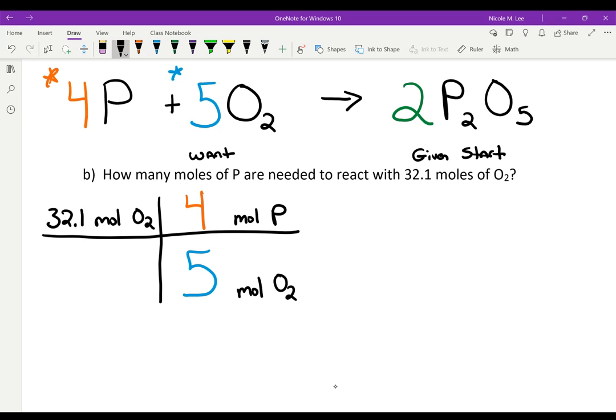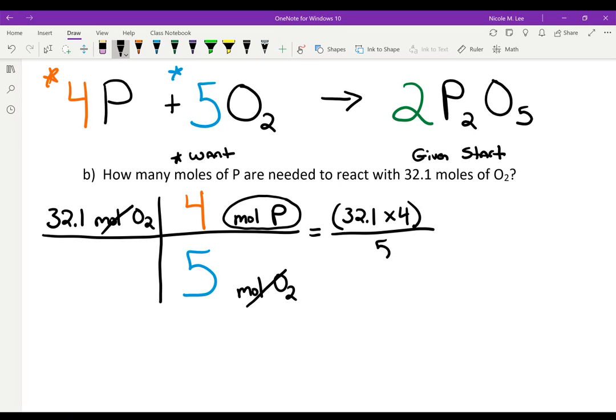So my moles of O2 cancel. I'm left with moles of P, which is what I wanted to solve for. So I know my setup is done. I do my math in my calculator. It's 32.1 times 4. And then you divide that by 5. And that's going to give you 25.68 moles of phosphorus.